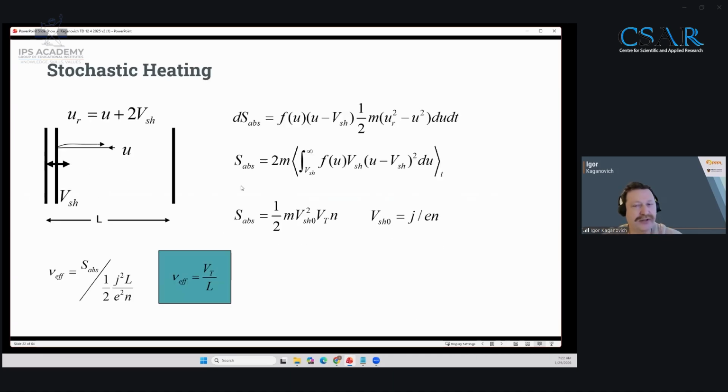The physics explanation has been well known. It goes back to the acceleration mechanism proposed by Fermi. Essentially, you can look at an RF sheath as a moving hard wall, which moves back and forth, and electrons collide with it and pick up or lose velocity.